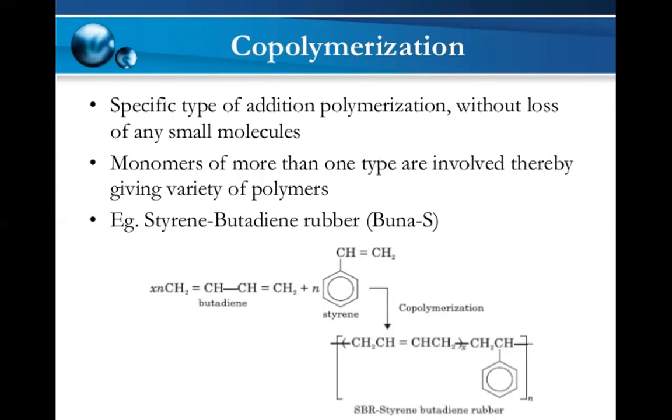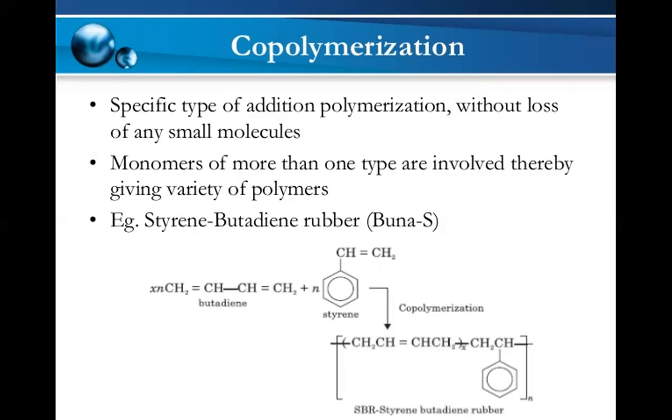But in copolymerization, two different types of monomers are united together to form a polymer. It is a special type of addition polymerization without loss of any small molecules.